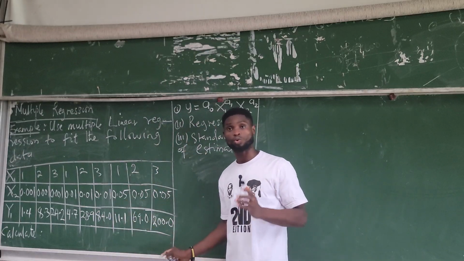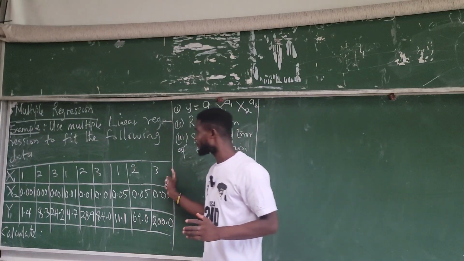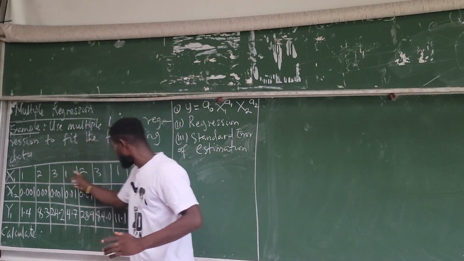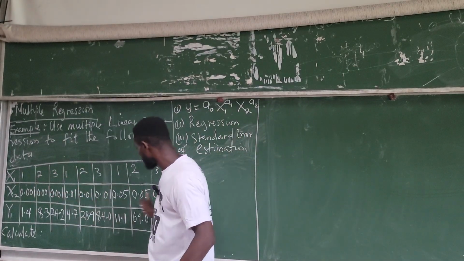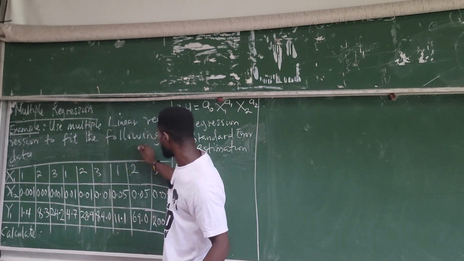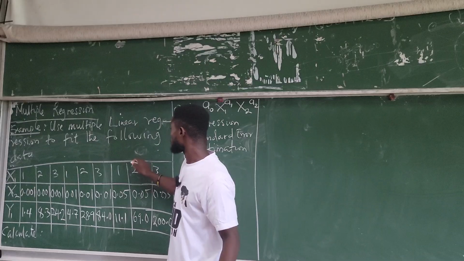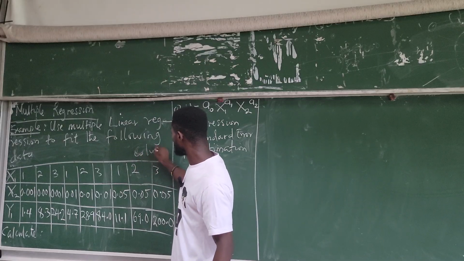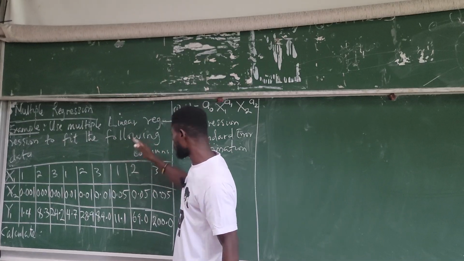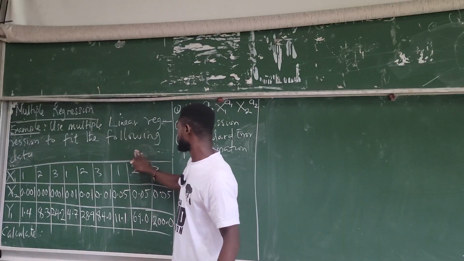So we have 9 columns, and we have 3 rows. This is rows, and this is columns. So take note of that.